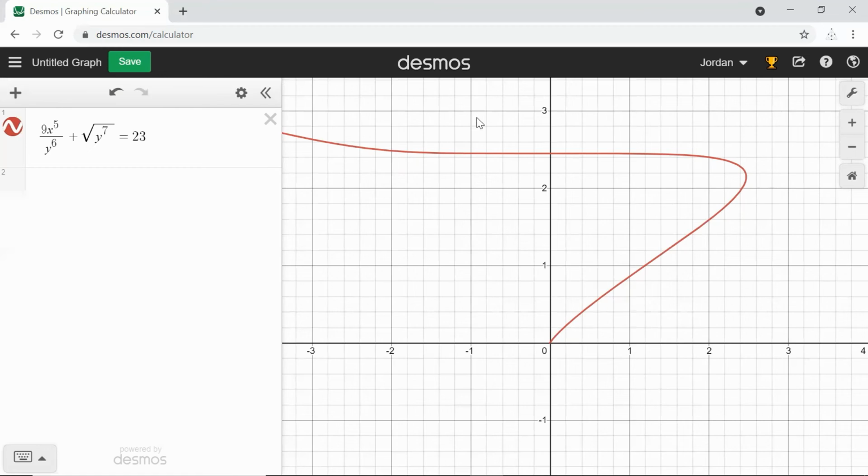So there you go. That's the idea of implicit differentiation. It's the idea that we can find a derivative or find the instantaneous rate of change, find the tangent line, even in these really odd, weird looking functions.